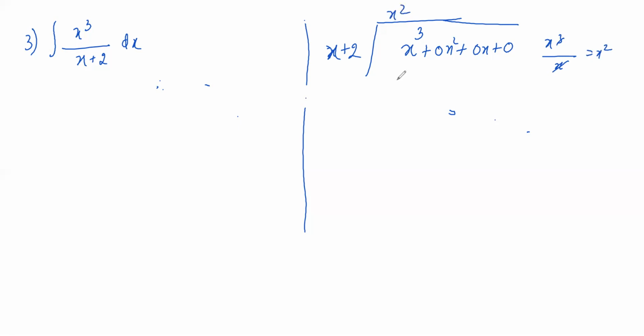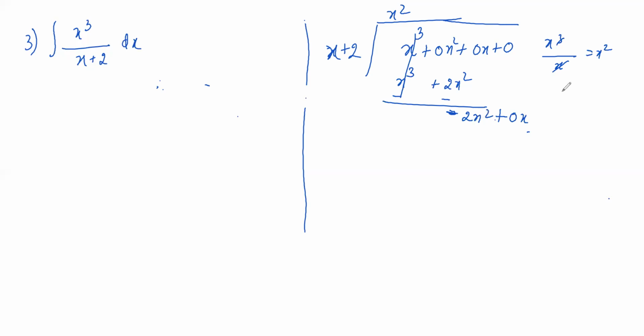X squared into x gives x cubed plus 2x squared. Minus, cancel, minus 2x squared, then get down 0x. Now divide this one.